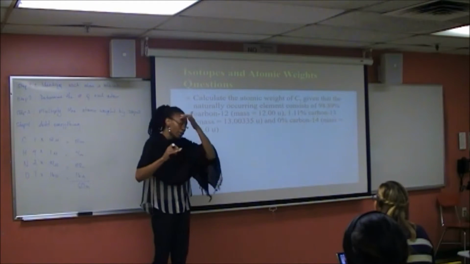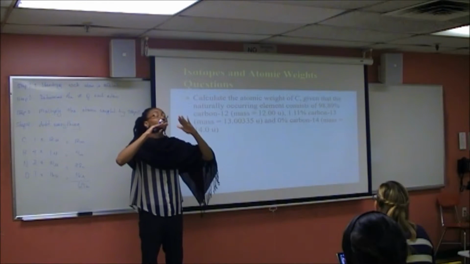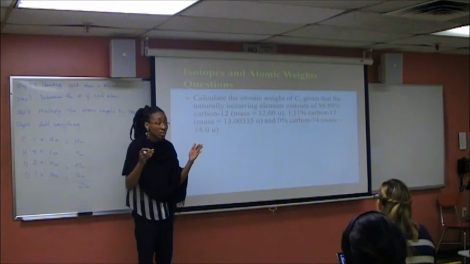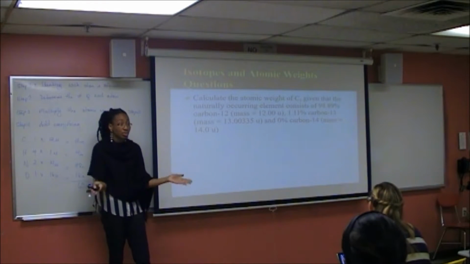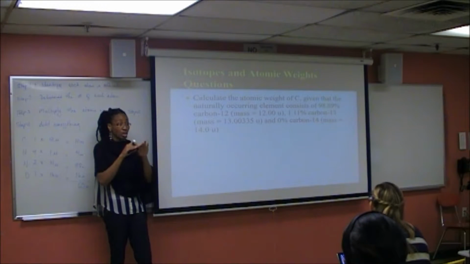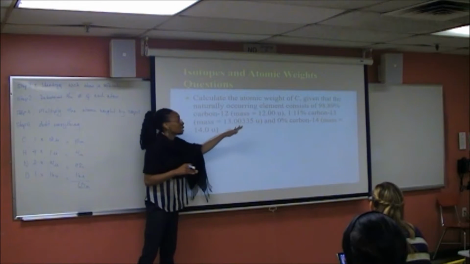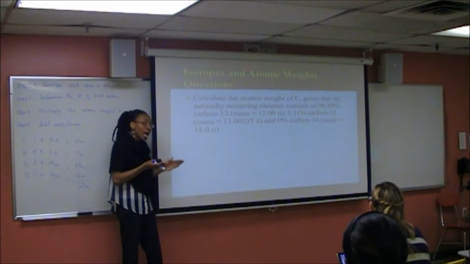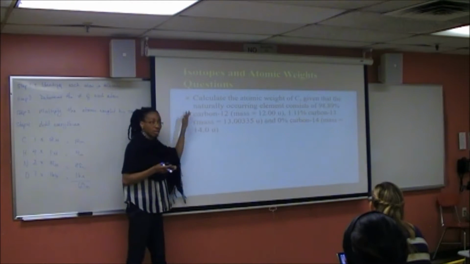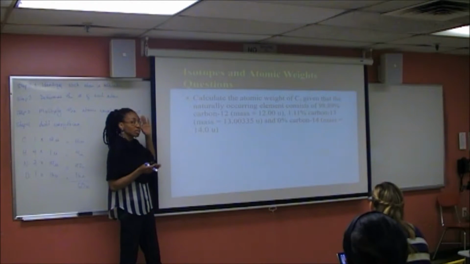But remember, your atomic mass will be the sum of all of the isotopes, right? So based on what you see, how is the overall mass of carbon affected by the isotopes?